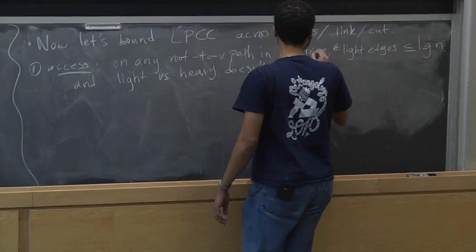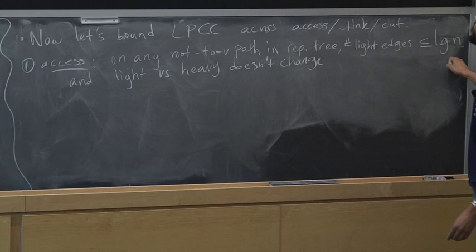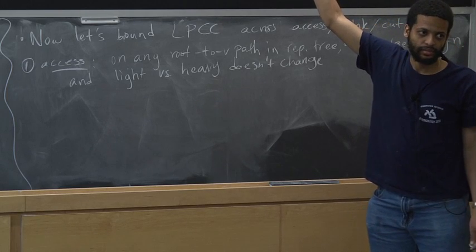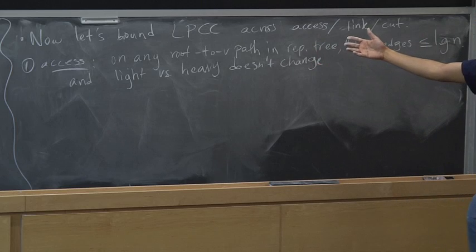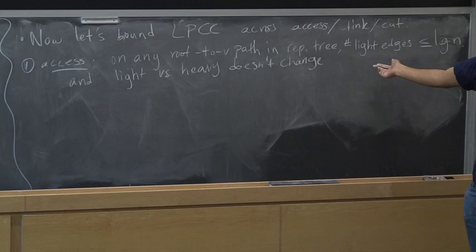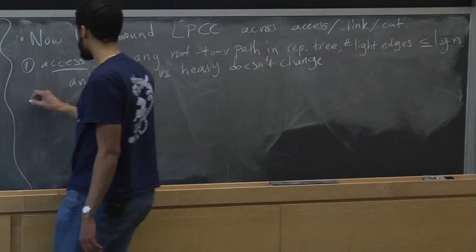That's it. Remember, the bound we're trying to get on PCC was m log n, right? So we know that there are at most m accesses. Each one is having at most log n light preferred child creations. So that's m log n. That's fine. So now let's look at link.